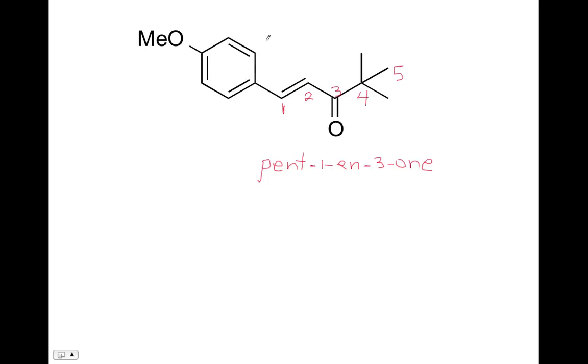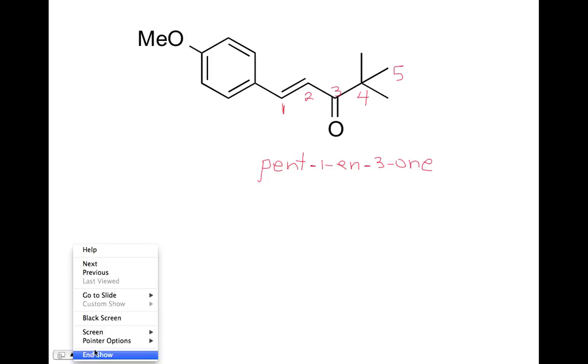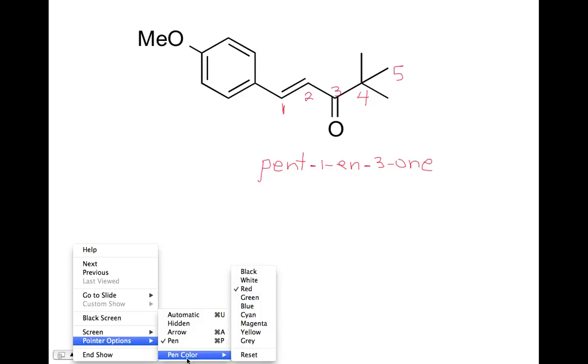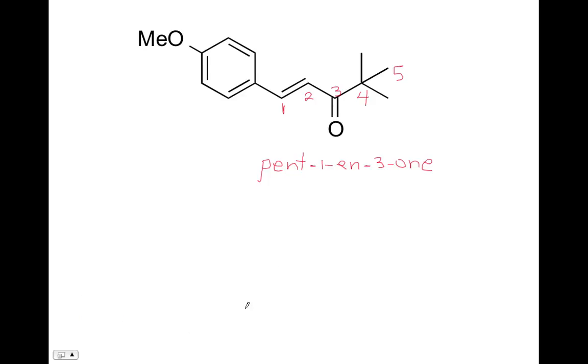Your first substituent is this particular substituent here. Let's use a different color. So you have this substituent here, which is again 1, 2, 3, 4.